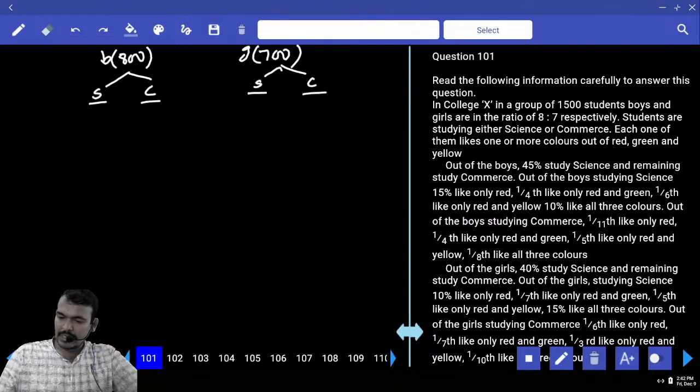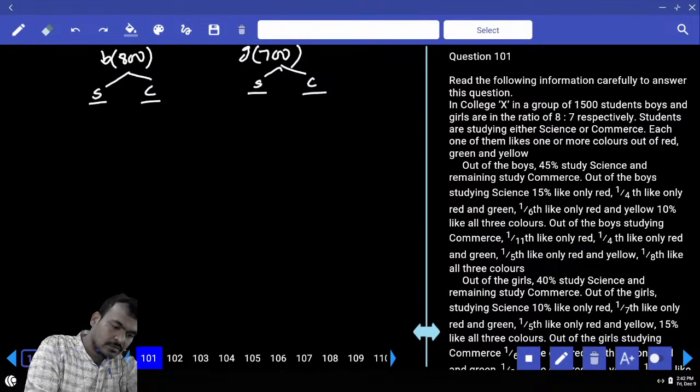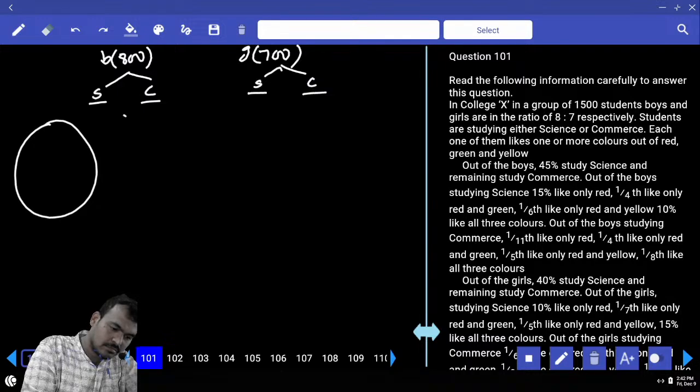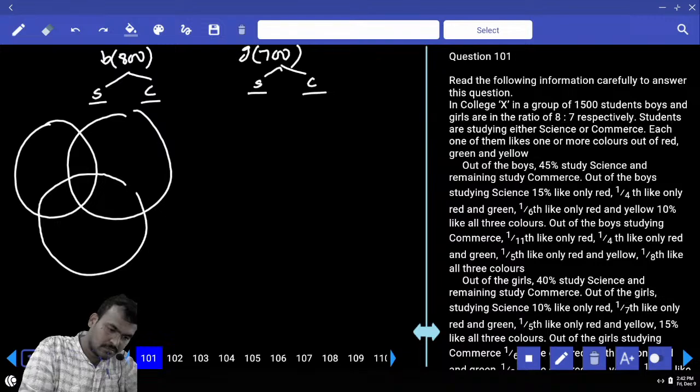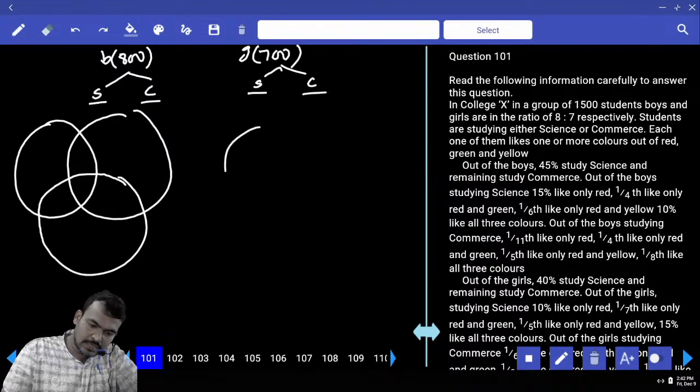Next, each one of them likes one or more colors out of red, green and yellow. Yes or no? Girls' case also.